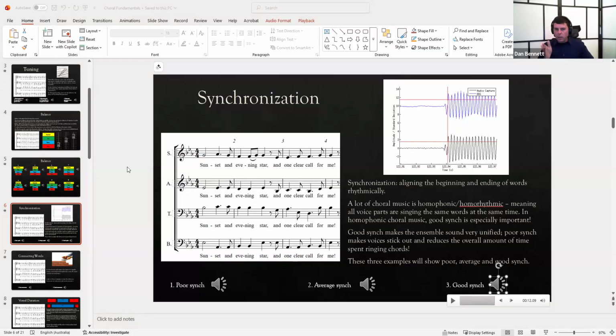We rarely hear a group that is perfectly in tune but has bad sync. We always hear these things in combination. But it can be instructive to tease them all apart and go, okay, I know that these voices are singing in tune, and I know that the only thing that has been messed with is their sync. What does bad sync actually sound like when it's been isolated?